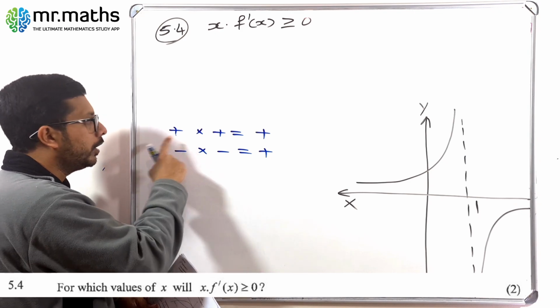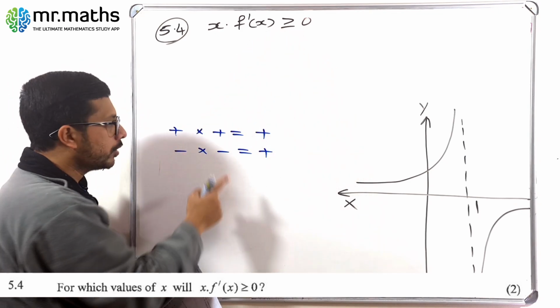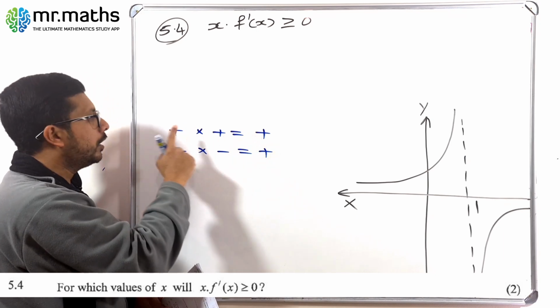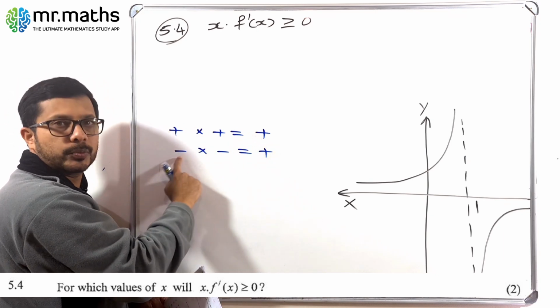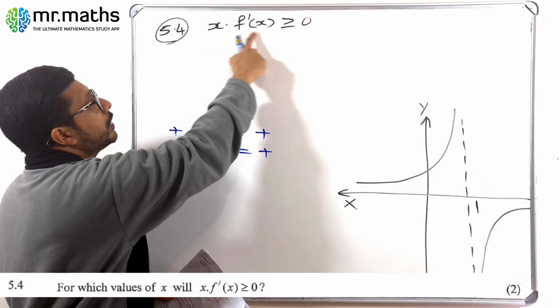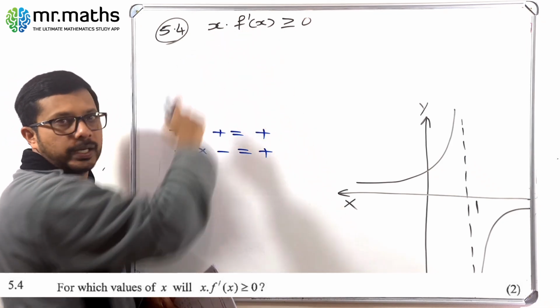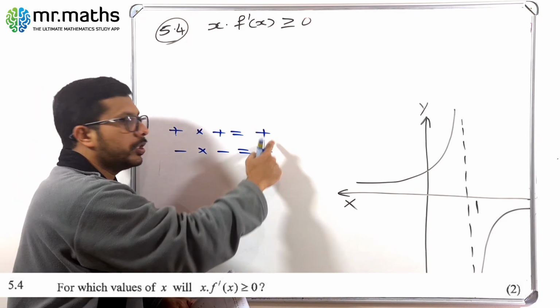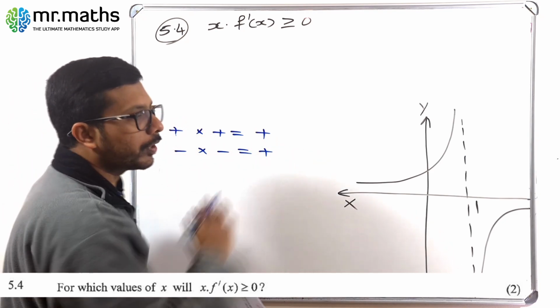So if you want a positive answer, both must be positive or both must be negative, then only will you get a positive answer. You understand that one? Okay, now come back to our graph.